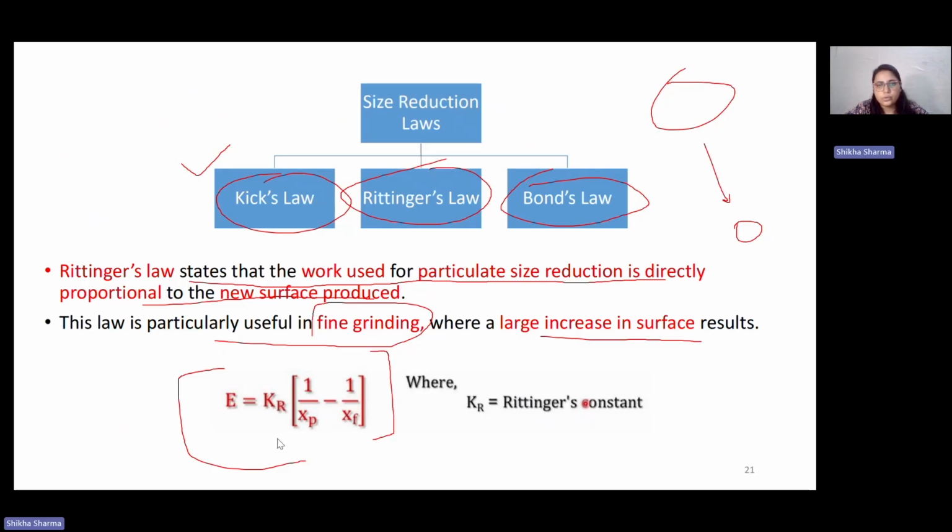E is the energy used or the work done for the size reduction, and Kr is the Rittinger's constant. Xp is the dimension of the product, so 1 upon the dimension of the product minus 1 upon Xf, which is for the feed.